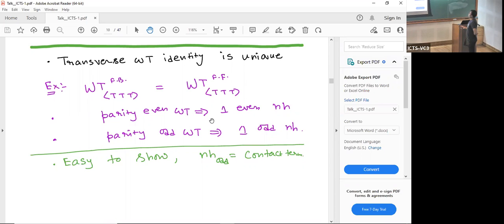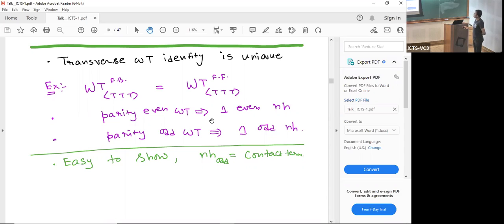If I consider the parity even Ward identity, then I have one parity even non-homogeneous solution to the Ward identity, where k acting on the correlator gives me the Ward identity.